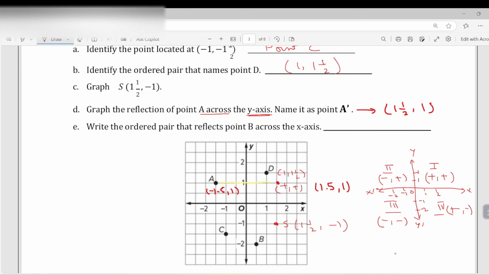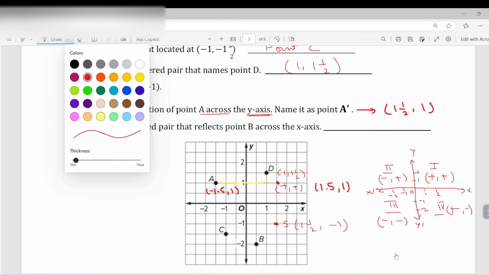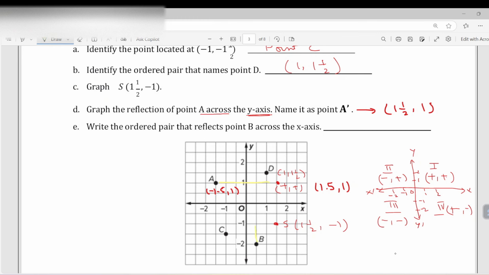Now the reflection of the point along x-axis. You see this is the point here. So what is the point? X is half and Y is minus 2. So X is half, Y is plus 2.